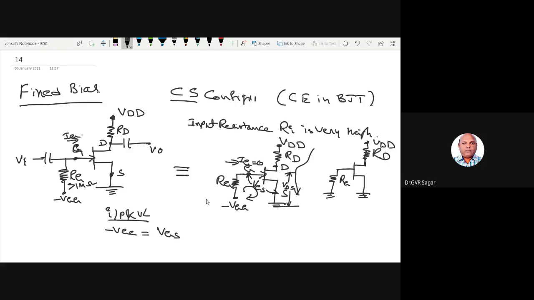This is equal to RG, right? So at that time, VGS equals 0 because there is no VGG here. VGG becomes 0 here. So at that time, VGS equals 0. So like this also we can show. Is it clear?